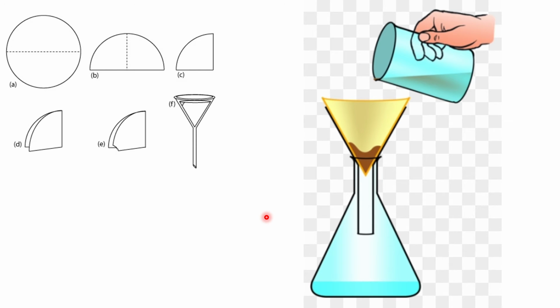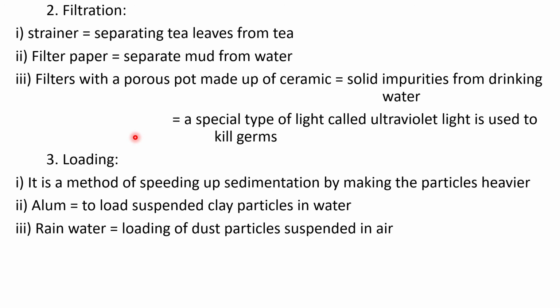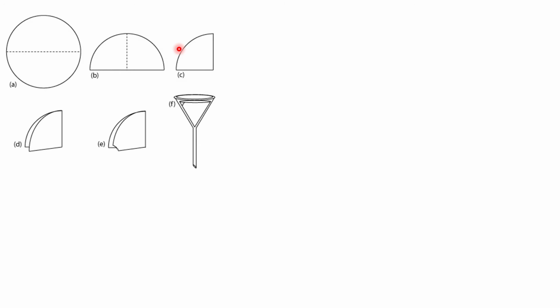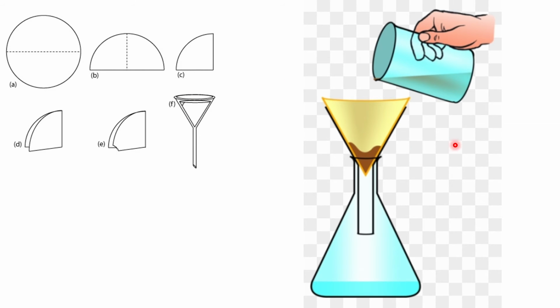So this is the filtration in which you use filter paper. As I said here, we use filter paper also for filtration. This is the image of filter paper. This is how I can fold it. These are the procedures, and after folding in these steps, I place the filter paper inside the funnel. And suppose this is a mixture of mud water, that means sand and water, or clay water.